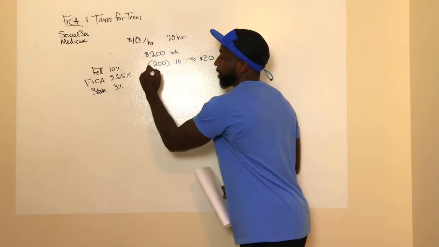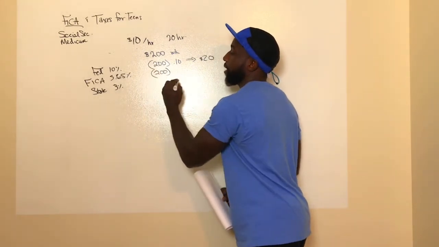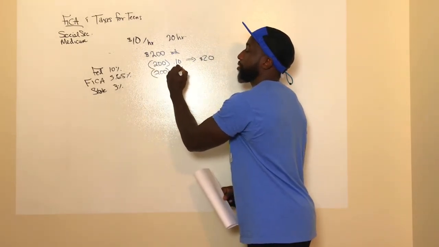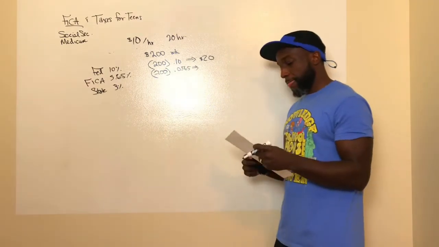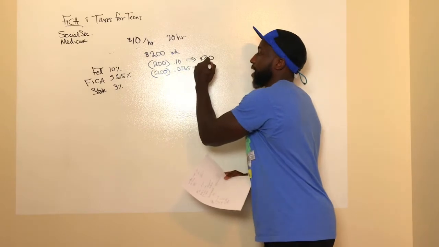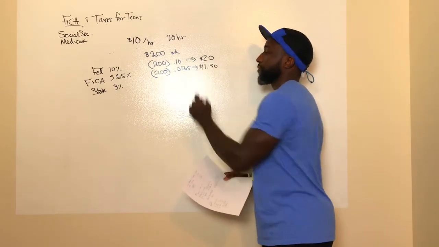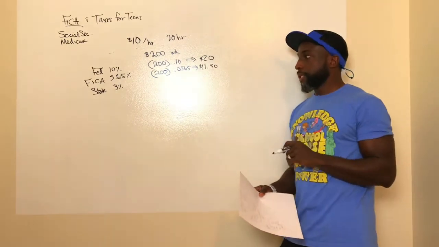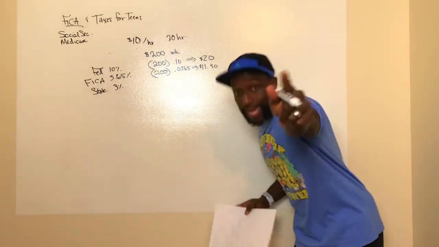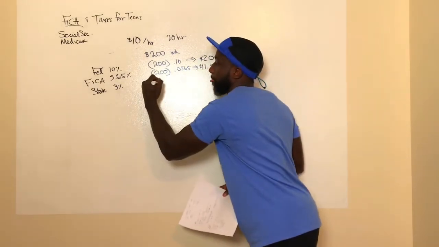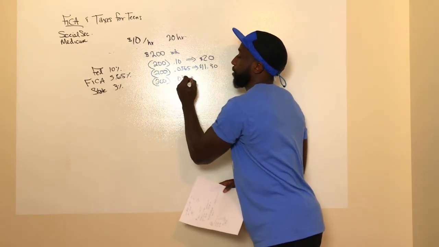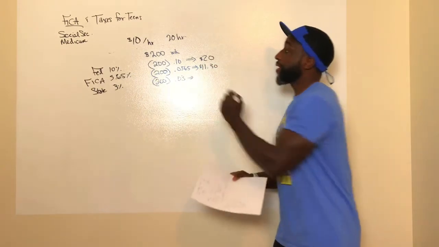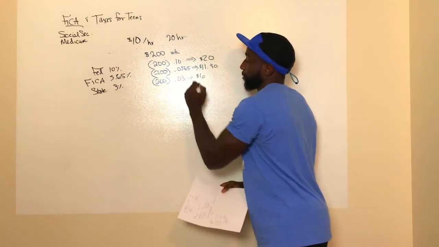Now, you're going to take that same $200 and multiply that by 0.0565 for your FICA, and that's going to be $11.30. Okay? Then you're gonna take that same $200, right? And you're gonna multiply that by 3%. That's gonna give you a total of $6, right?